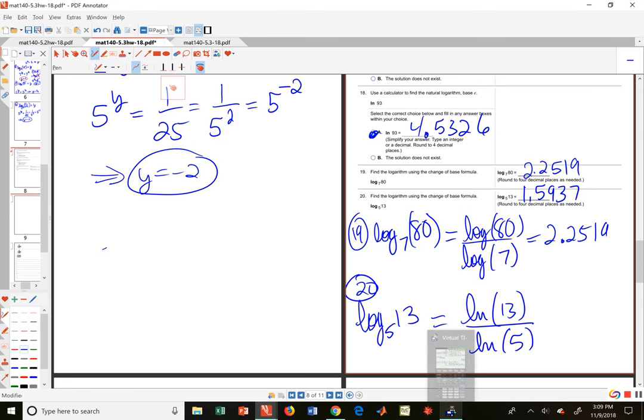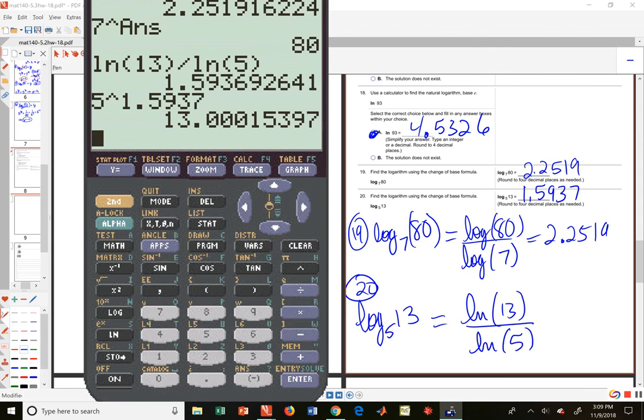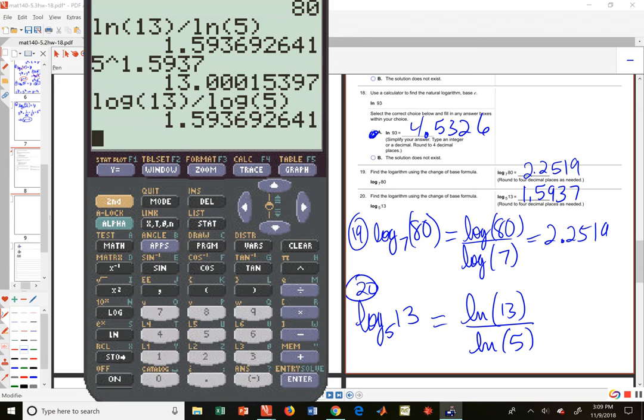Now keep in mind, what we're saying is that if we took 5 and we raised it to the 1.5937 power, it's going to be close to 13. Now, it's not exactly 13 because I didn't use all the decimal places, but it's in the ballpark of 13. That's what we're getting at. And it didn't matter if we use the common logarithm or the natural logarithm, as long as we're consistent about which one we put in the numerator and denominator, we get the same answer.